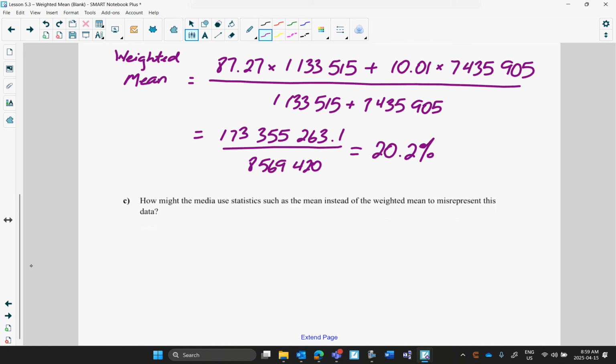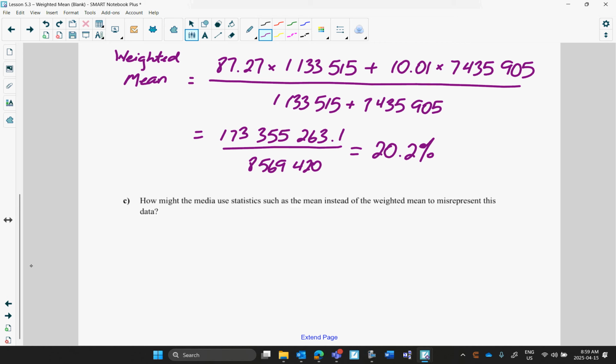So how might the media use statistics? Well, it depends on what you want to portray to the public. If you want to portray to the public that there are a lot of English speakers at home in Quebec and Manitoba, you use that first one, you average the two means.